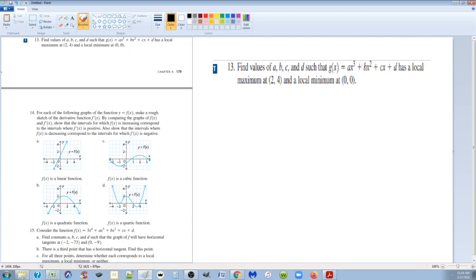So again, taking the derivative of this, we know that 3ax squared plus 2bx plus c is the derivative, and when it's equal to 0, x is 2, and when it's equal to 0, oh, we also know that too. So when x is 2 and when x is 0, this is true. So you could find two different variations from that.